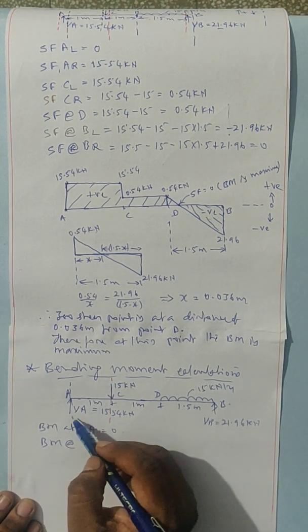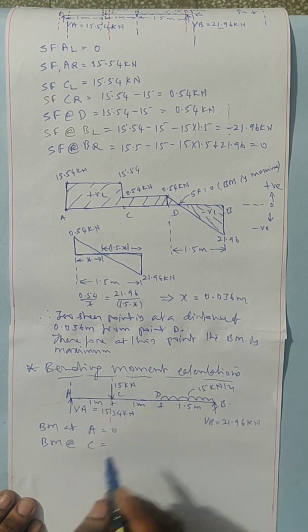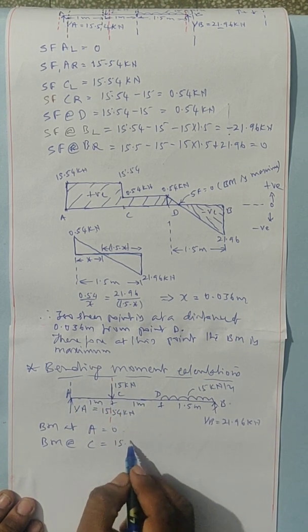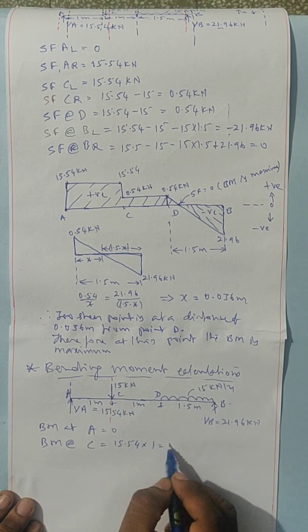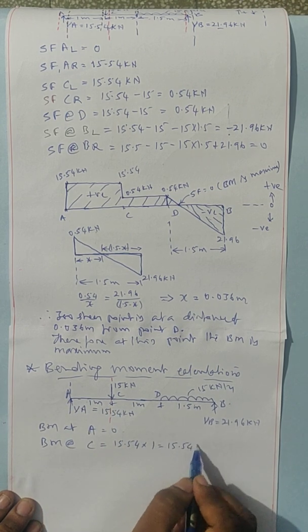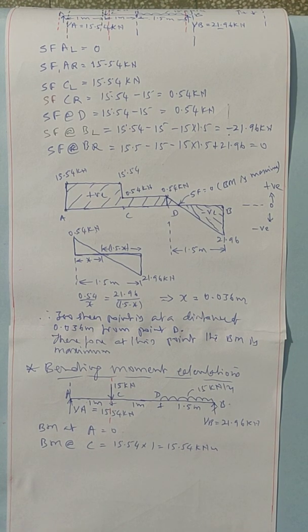The VA will create a clockwise moment to the left. To the left, clockwise will be positive. Therefore 15.54 into the distance, 1 meter, it is 15.54 kilonewton meter.